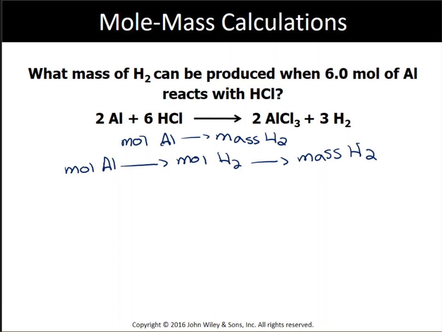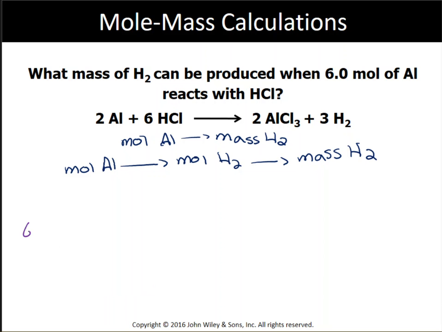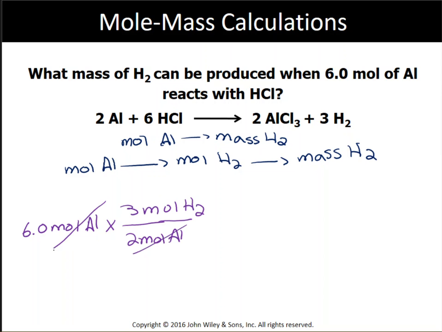So starting from moles of aluminum, so you have 6 moles of aluminum. We're going to use the balancing coefficients as molar ratios to convert between moles of aluminum and moles of hydrogen. So based on the balanced reaction, each 2 moles of aluminum produces 3 moles of hydrogen gas. So moles of aluminum cancel out. And then to convert to mass of hydrogen gas, we have to use the molar mass of hydrogen.